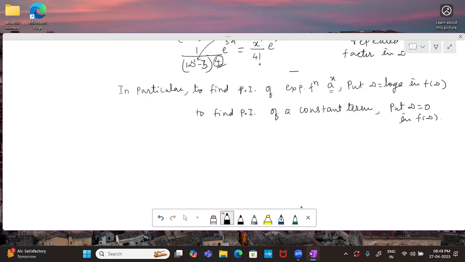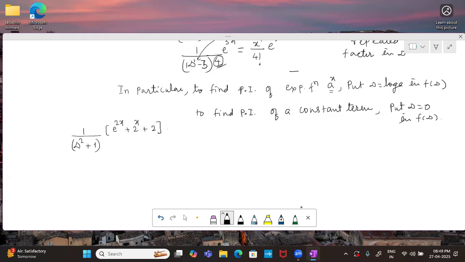Suppose, for example, you are asked to solve this PI: 1 upon D square plus 1 operating on e raised to 2x plus 2 raised to x and plus 2.